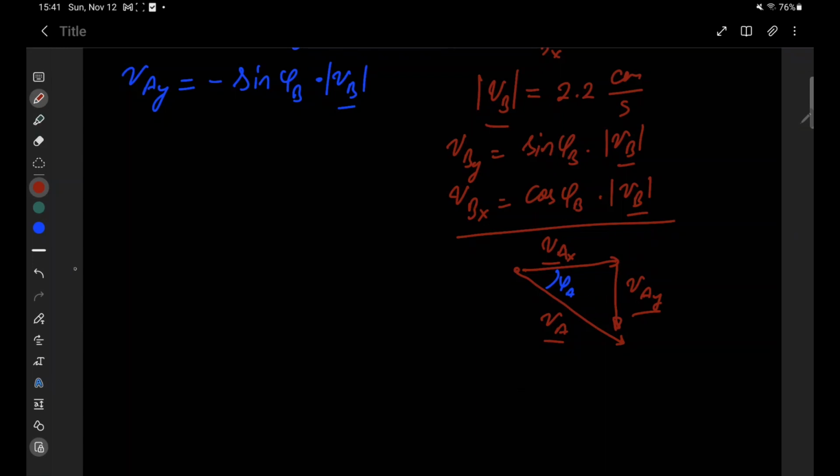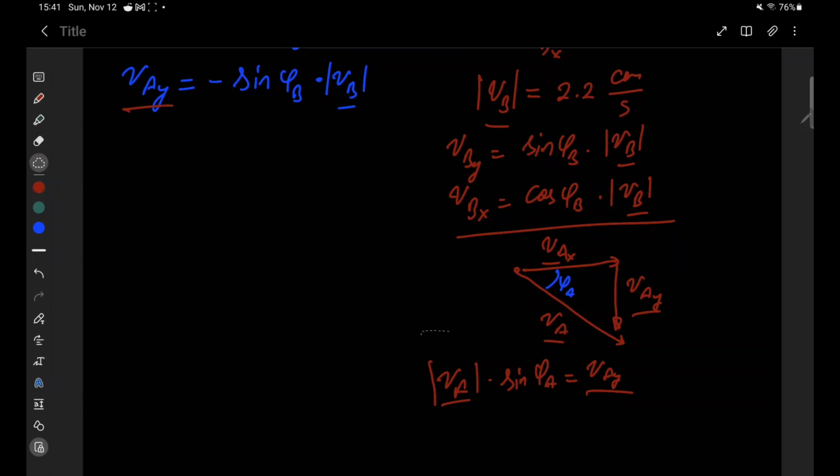So, what do we know? Let's take a look at this VAY for a second. We know that the value of VA times sine of phi A will give us the VAY. We have VAY here, we have VAY here, we have VAY here. So let's plug this in.